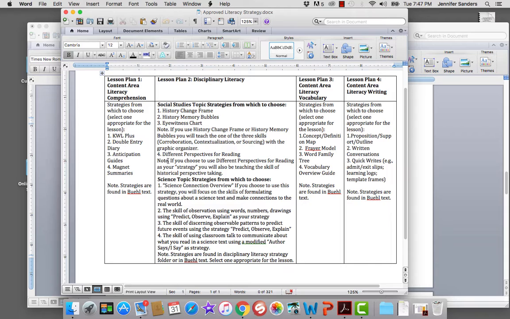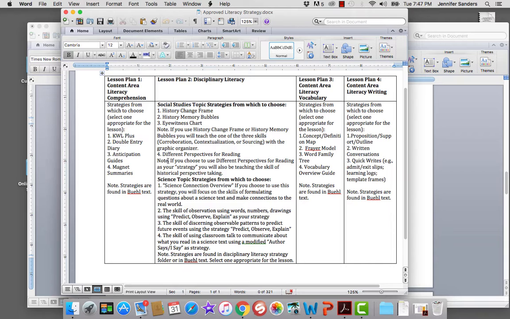All right, so look at the KWL Plus, which is on page 55, and I notice it teaches standards 1 and 3. Those are the ones that I'm instructing on. Okay, I could use that as an option. Then I look at the double entry diary, and it has standards 1 and 3 there. So I definitely can use that strategy to teach these standards.